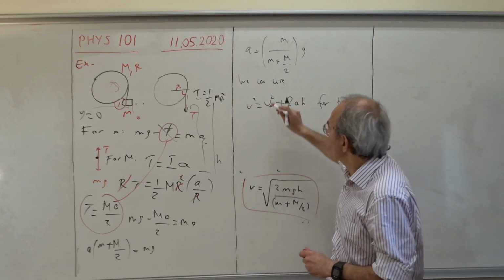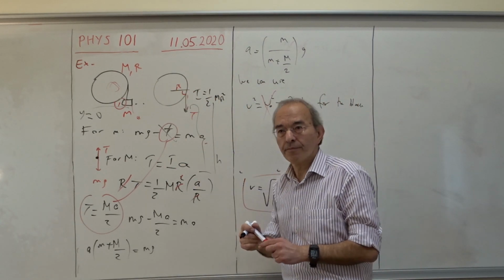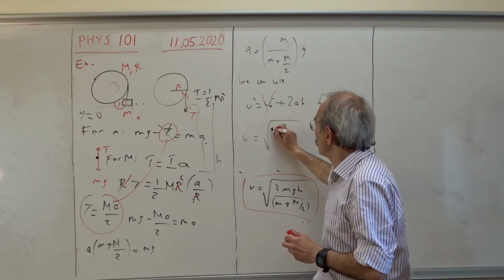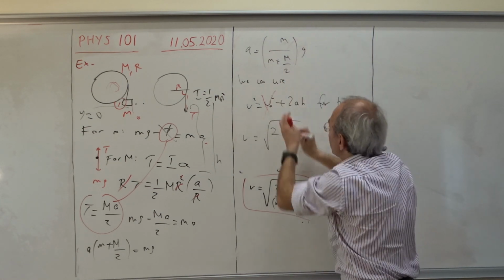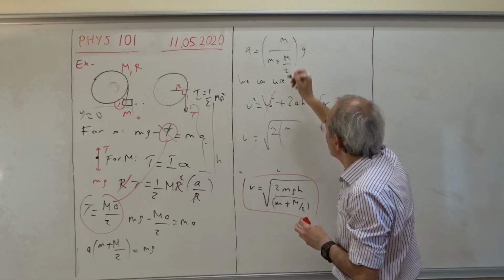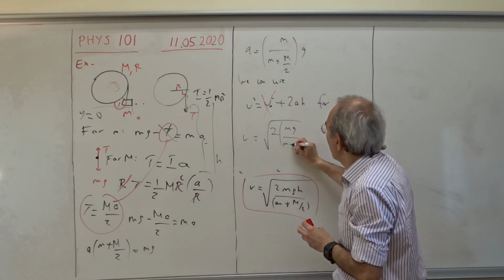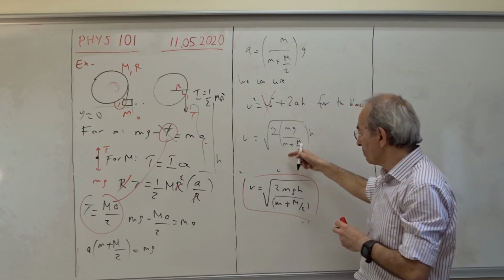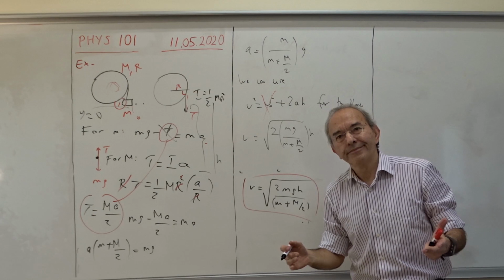What is the initial velocity? 0. It starts from rest. So v is equal to root 2 times acceleration, which is this thing, mg divided by m plus M over 2, multiplied by h, and if you compare these, they look the same.